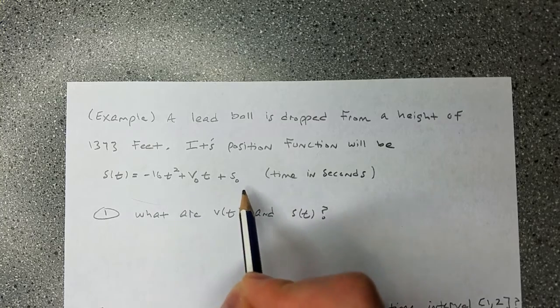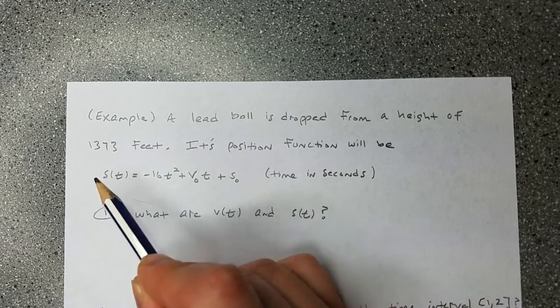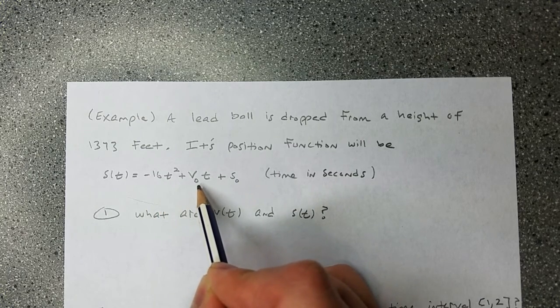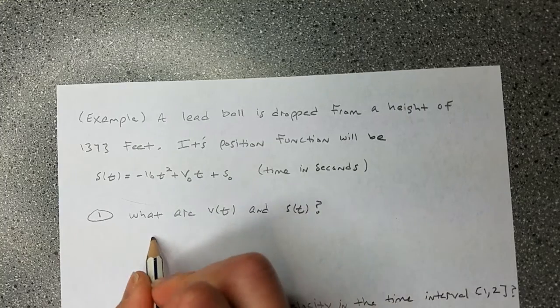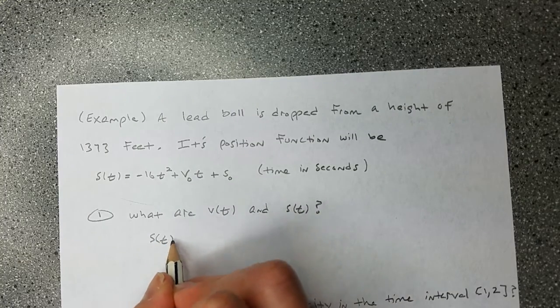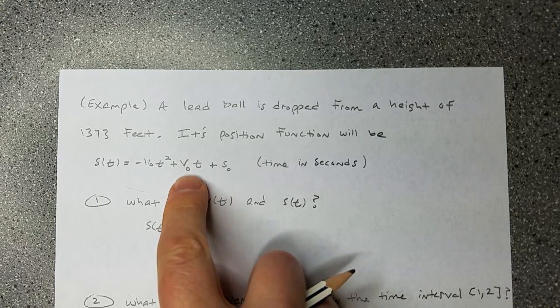In this general equation that all objects under free fall are going to obey, v naught is the object's initial velocity when it starts to move, and s naught is its initial position. So s of t then, with some updates to this, is going to be, well, v naught is 0.